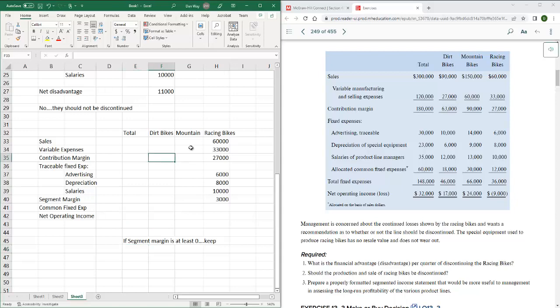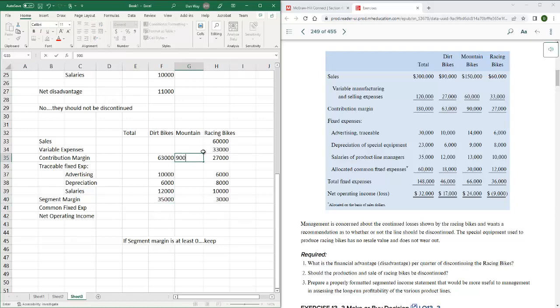All right, let's fill in a few things for the other ones though, just to see how this flows to the company's total column there. So dirt bikes had a contribution margin of 63,000, advertising of 10, depreciation of 6, salaries of 12. So the segment margin, CM minus those traceable fixed only, is a segment margin of 35,000.